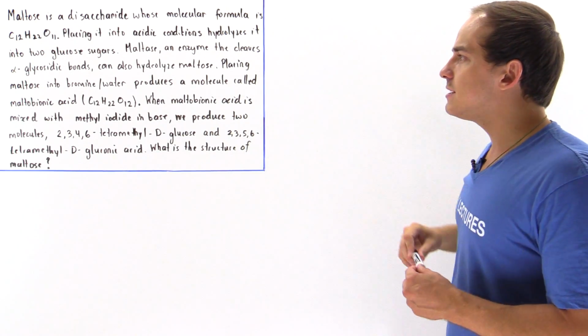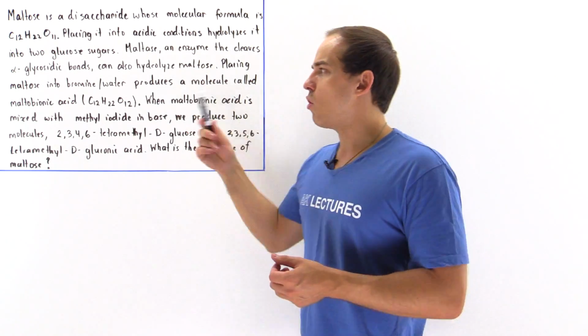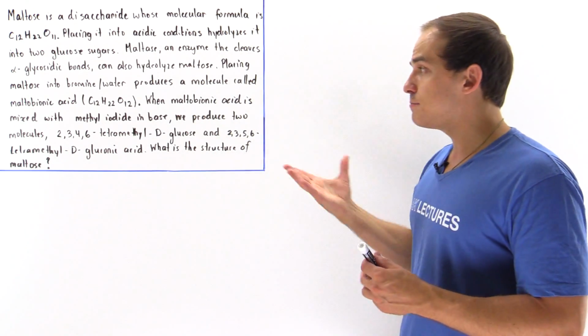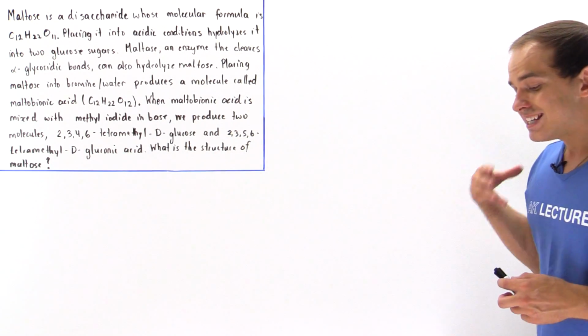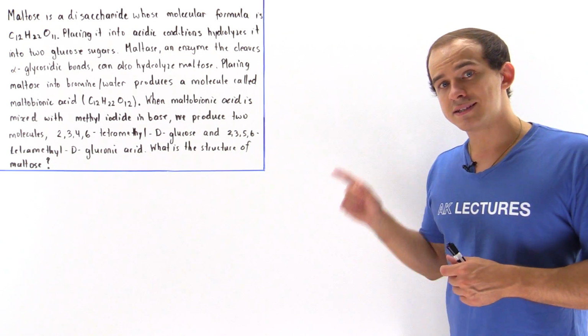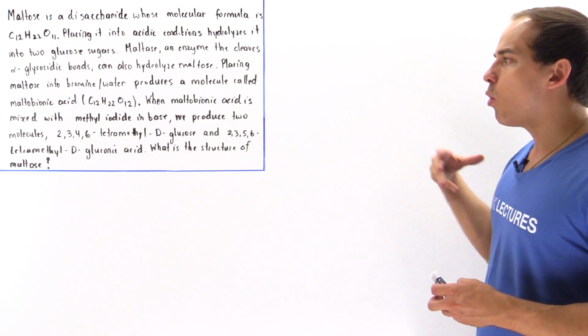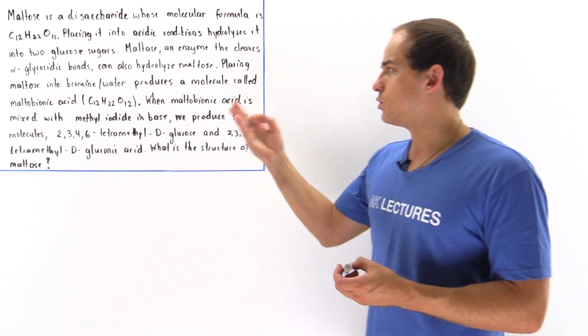Now, placing maltose into bromine in water produces a molecule called maltobionic acid. This means our sugar can be oxidized. It's a reducing sugar, and that means it contains a hemiacetal section on one of those glucose molecules in maltose.